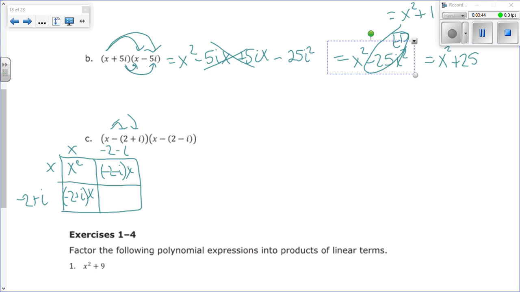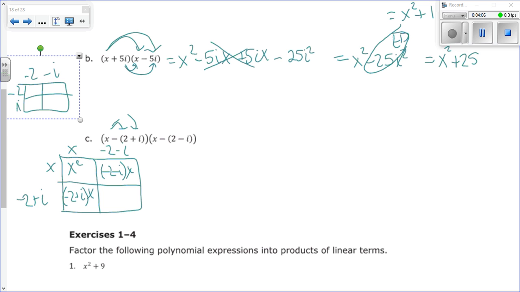So off to the side I would do the -2 minus i and -2 plus i. So I will have 4 plus 2i minus 2i, and then minus i squared. So those two are going to cancel each other out.